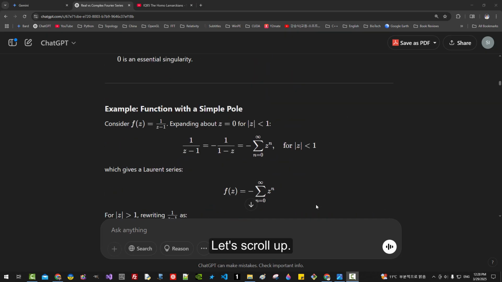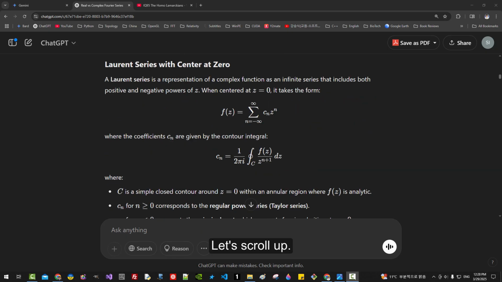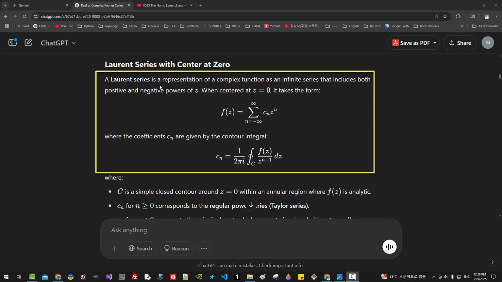Let's scroll up. Laurent series with center at 0. A Laurent series is a representation of a complex function as an infinite series that includes both positive and negative powers of z.